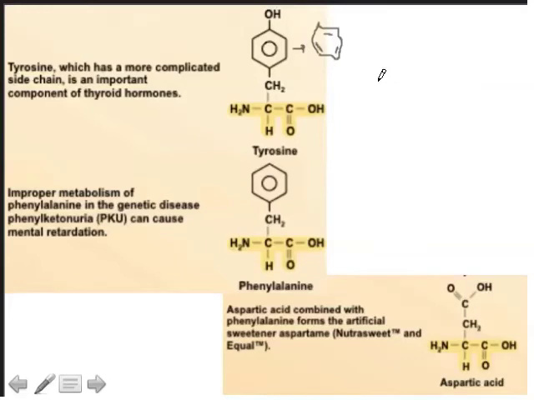The circle in the ring indicates that it's what we call in organic chemistry aromatic, meaning that these double bonds don't necessarily exist statically at these positions. They can alternate between the positions that I've shown and the positions that I'm going to draw here.